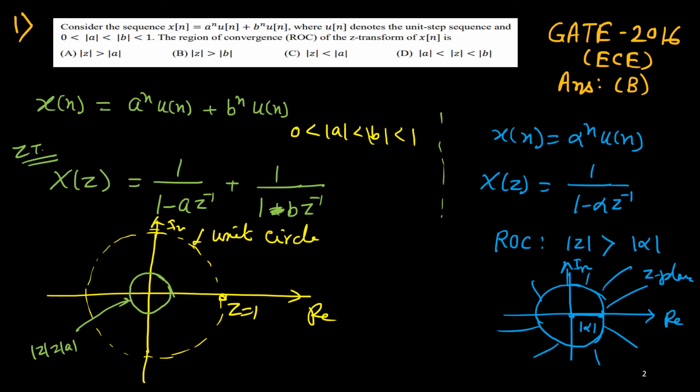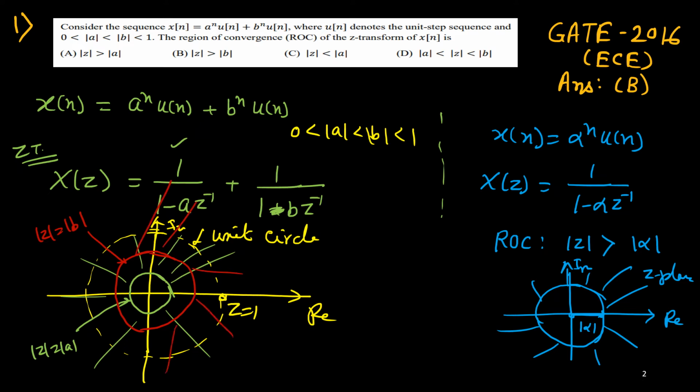And you see this first one, this is your ROC. Then for this b to the power n I'll consider red color. So this is mod z equals to mod b, and for this one you should have the ROC like this, outside.